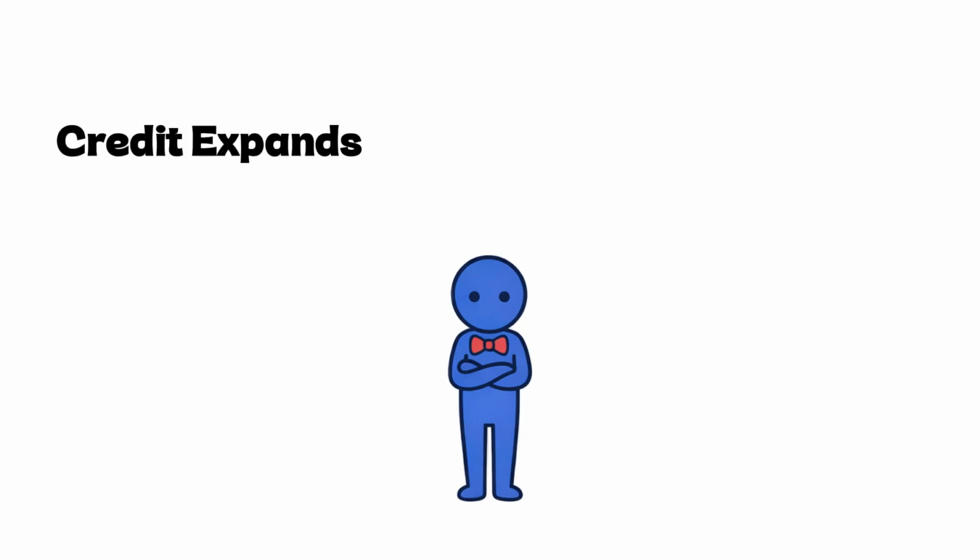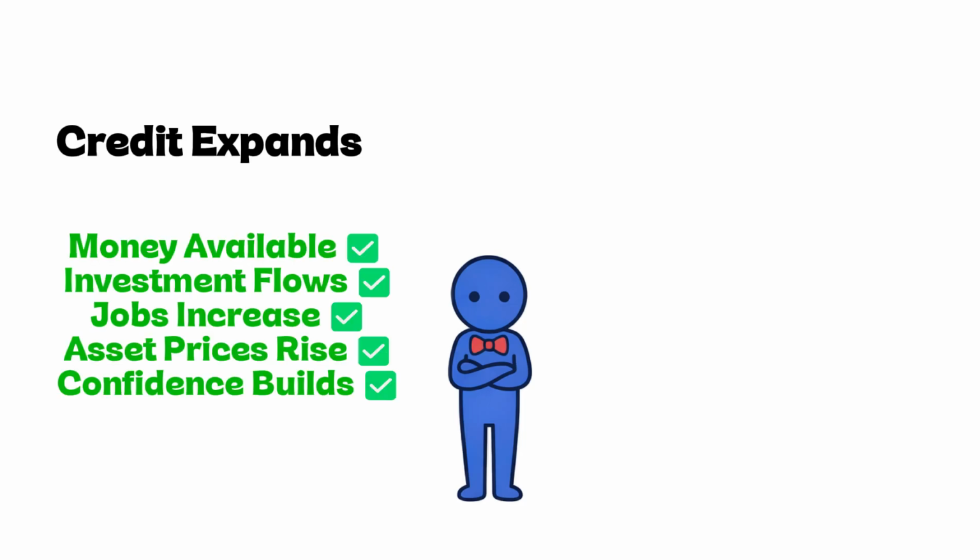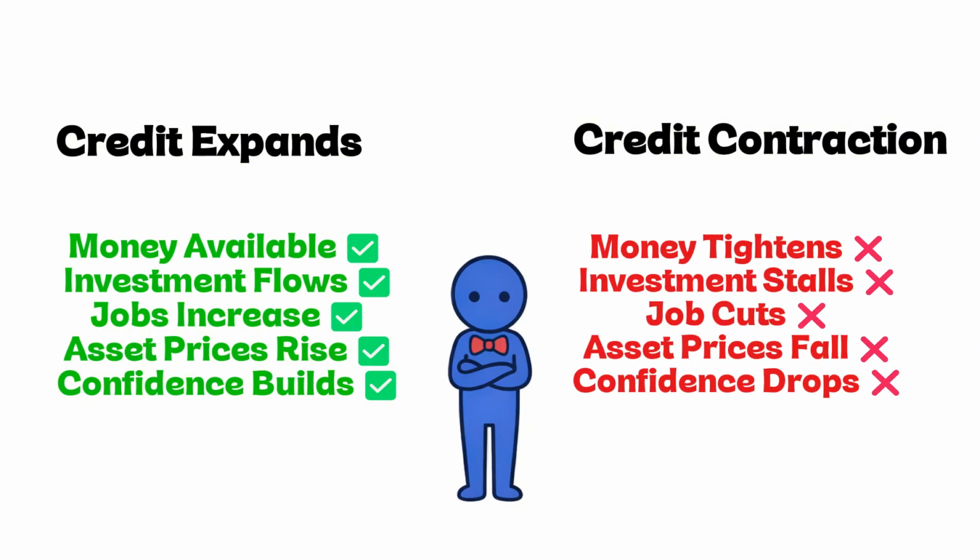Credit expansions feel good. Money is available. Investment flows. Employment rises. Asset prices climb. Confidence builds on confidence. Credit contractions feel brutal. Money tightens. Investment stalls. Businesses cut costs. Asset prices fall. Confidence collapses on itself.